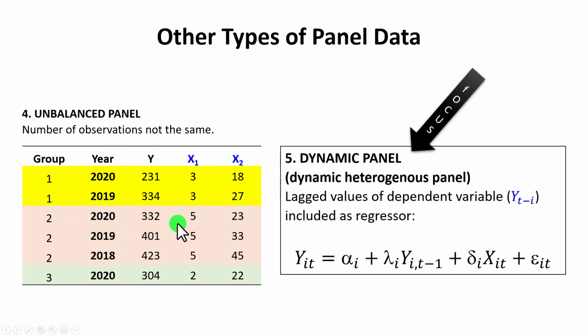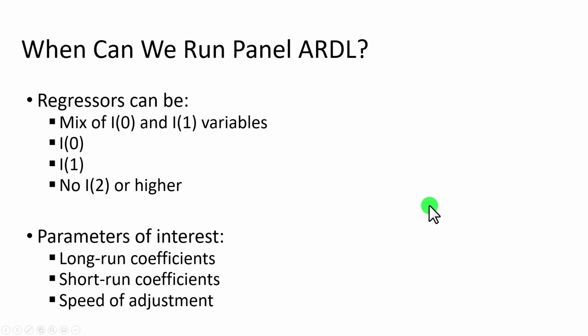But in panel ARDL modeling, we're going to be dealing with dynamic panels in which the lag term of the dependent variable is included as a regressor. As a reminder, in the ARDL error correction framework, regressors can consist of a mix of I0 and I1 variables.